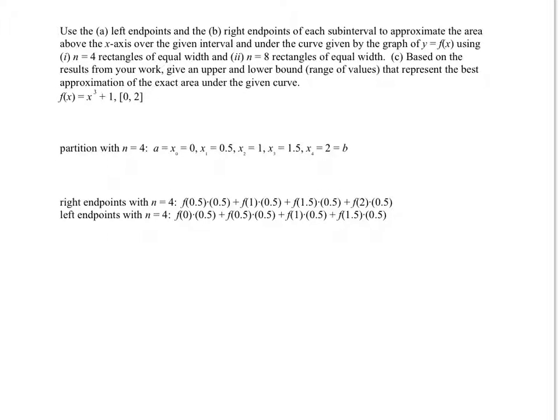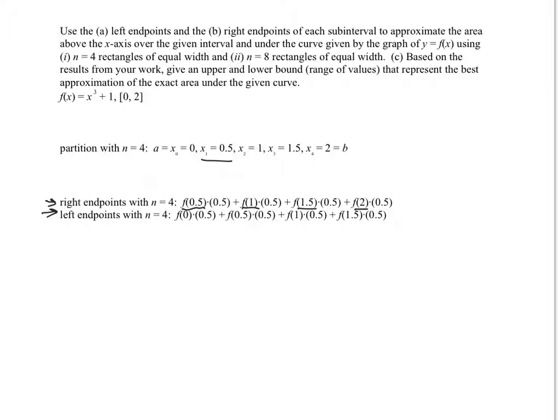Now, partitioning the interval from 0 to 2 with 4 rectangles and using equal width, we came up with these two different sums, the right endpoint and the left endpoint. Notice right endpoint is using x sub 1 as our first function value, then x sub 2, x sub 3, and x sub 4, plugging those x values into the function would give us the height of that rectangle.